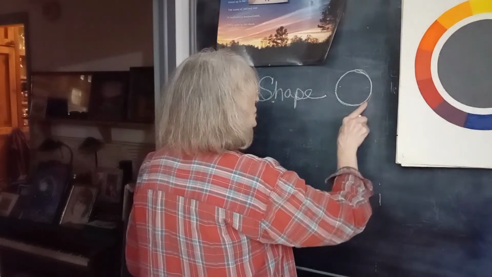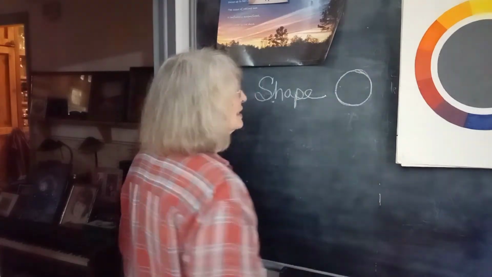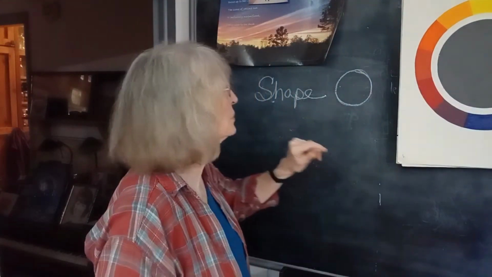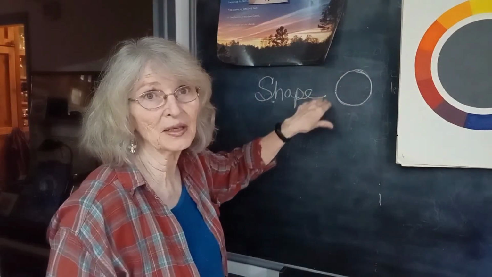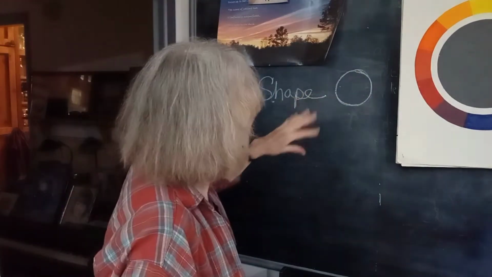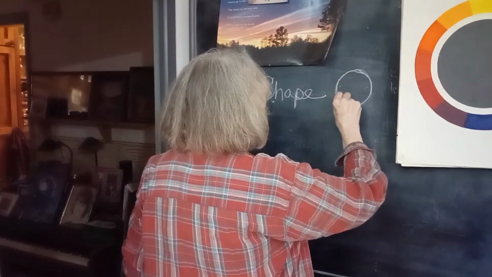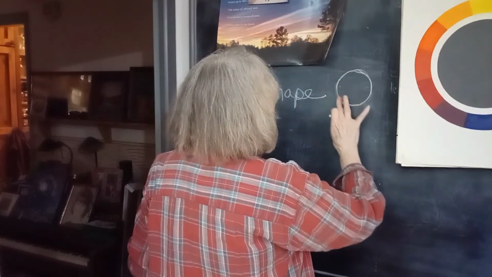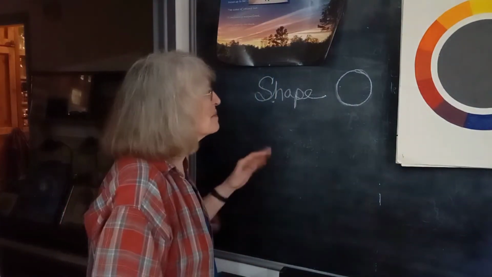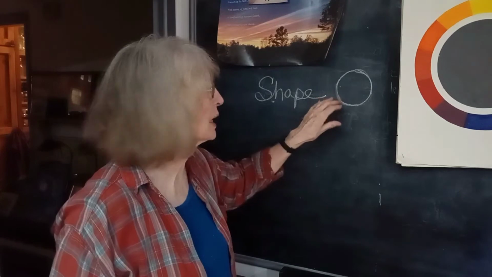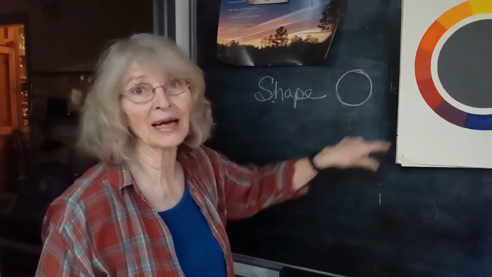The circular shape is a very stable shape. Even though you can go around it and it seems like it would be less stable because of its roundness, it's actually more stable because the line does not actually end.